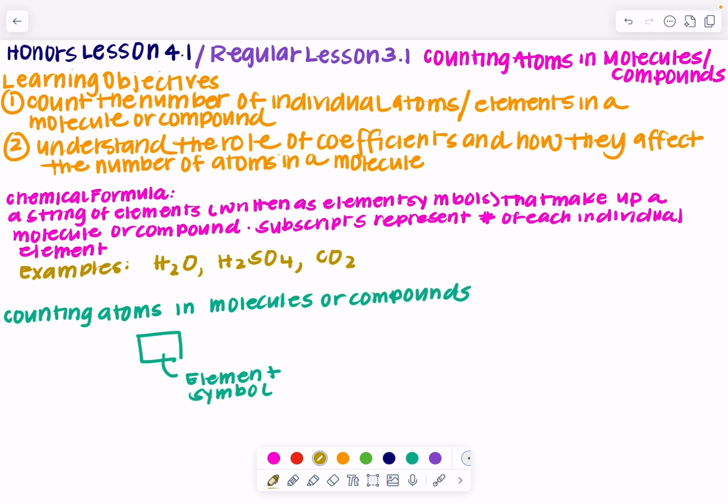And then we'll have something next to it. This is the subscript. And this will be a number between 1 and infinity, telling us the number of each atom, or each element.